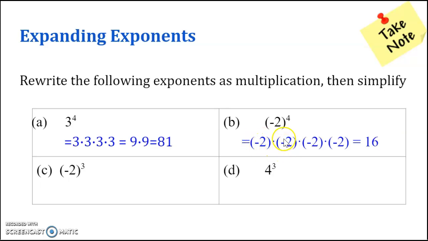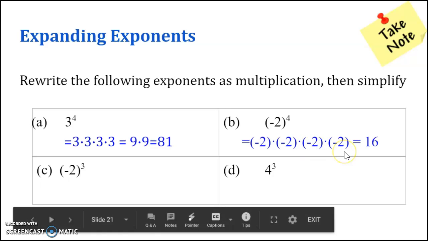Now positive 4 is being multiplied by -2, so positive 4 times -2 is -8. Now to -8, another -2 is being multiplied. Negative times negative is going to give you positive again, and 8 times 2 is 16, so it's going to be positive 16. So I hope you got that.